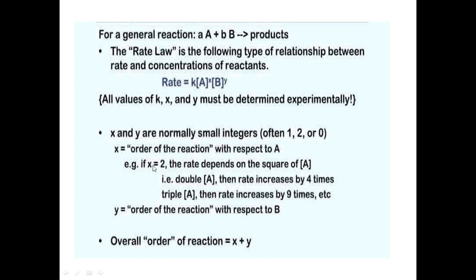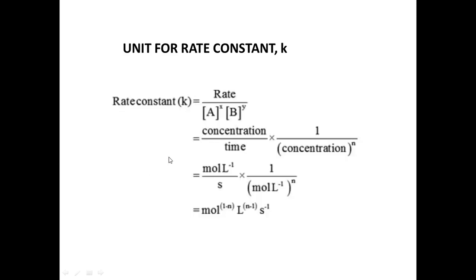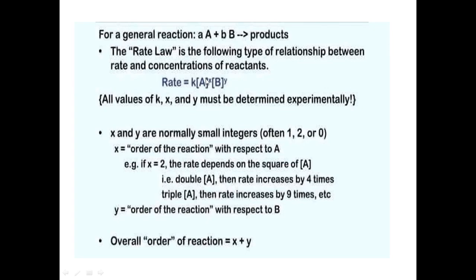But if x is, let's say, equal to 2, it means the reaction is in second order with respect to A. If, let's say, y is also equal to 2, then we say that the reaction is in second order with respect to B. Now, if x is 2, then it means that when you increase the concentration of the A by a particular figure, the rate increases by the same figure squared.